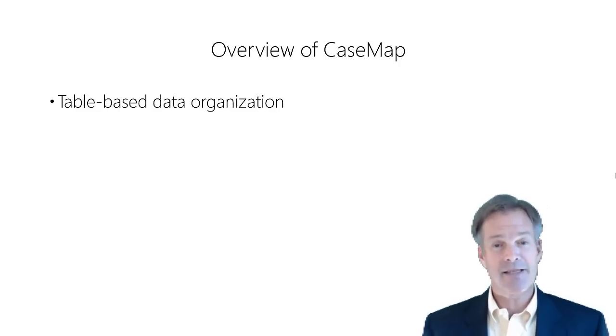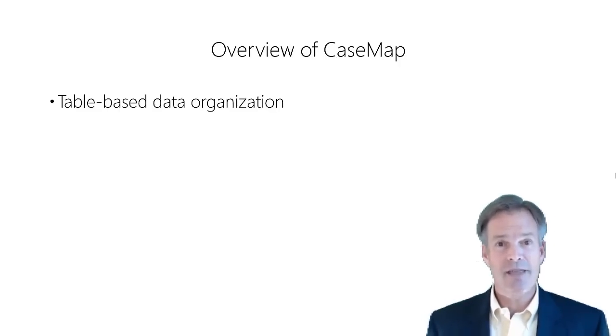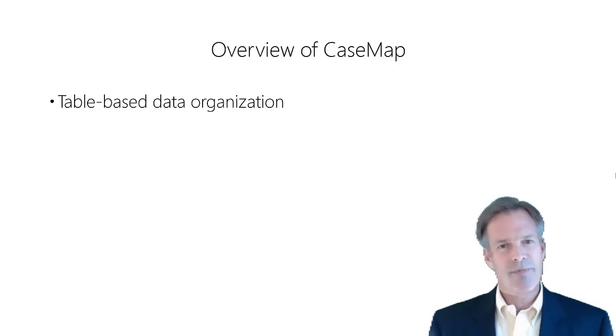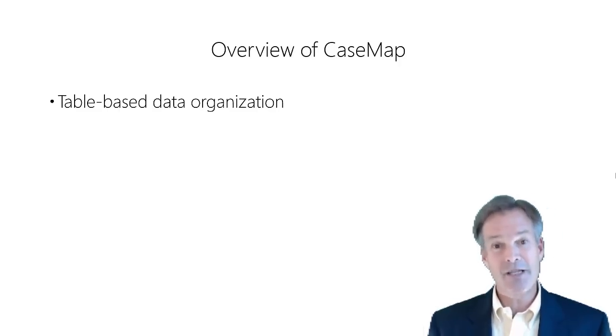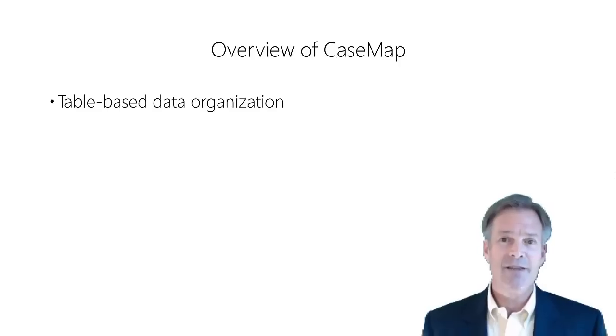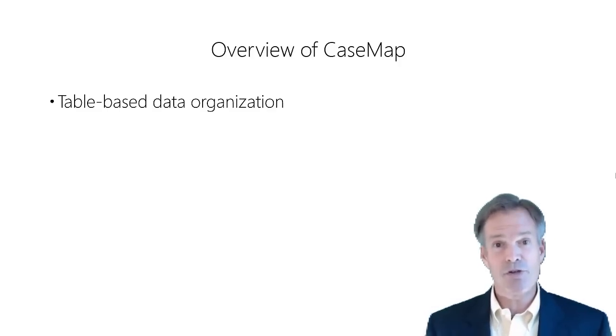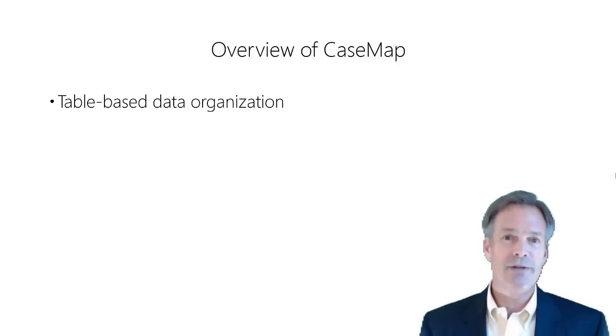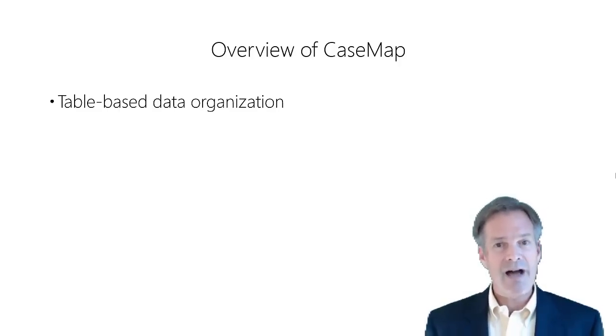There is a case that comes with it. It's called the Hawkins case, an employment case that gives you some facts, some people, some documents to work with so you can understand the functionality. So I commend that to you, that you go to the LexisNexis site and download it and start to essentially teach yourself how to use it.